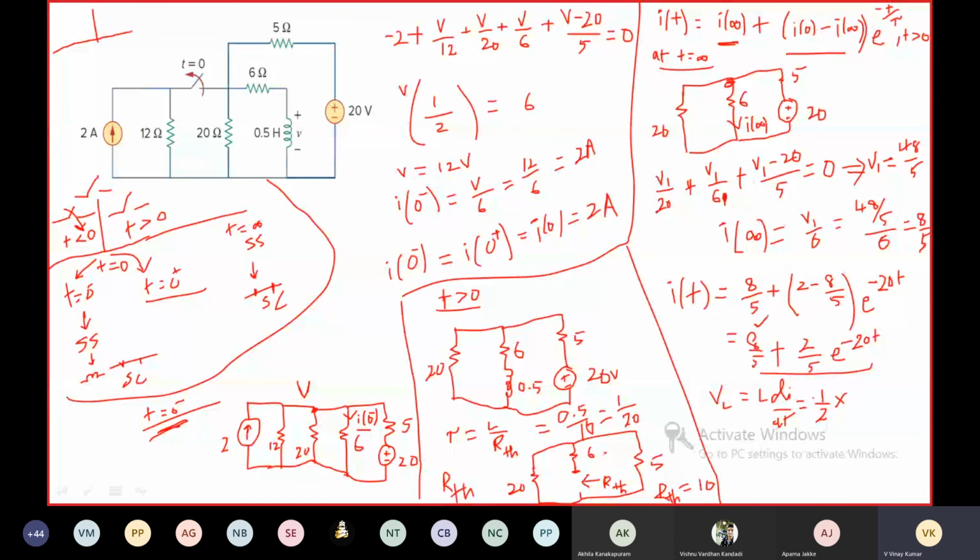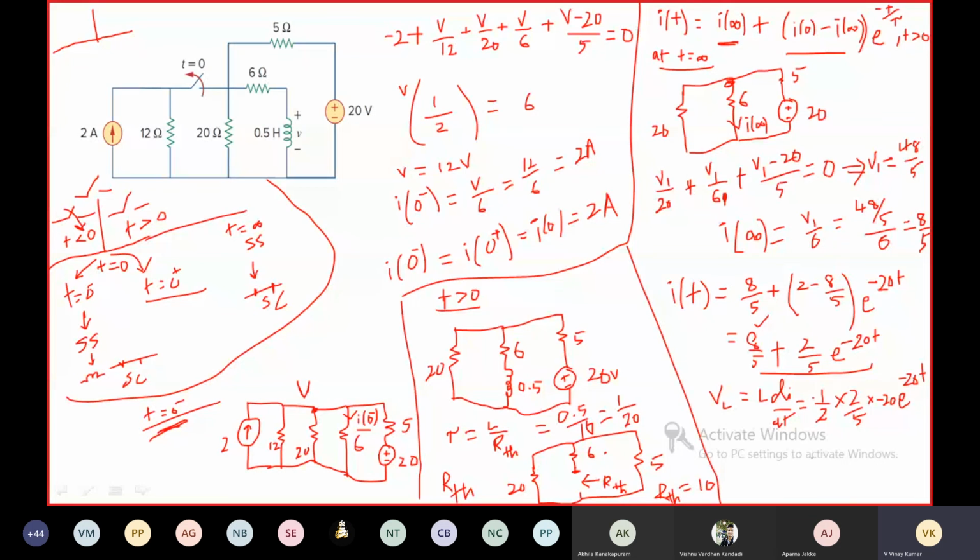Differentiation of the constant is 0. Plus 2 by 5 into minus 20 into e power minus 20t.